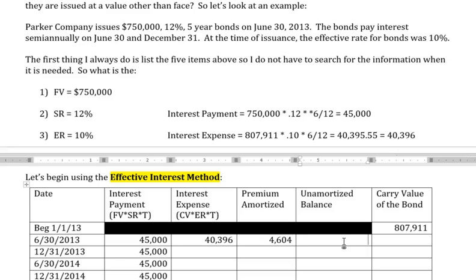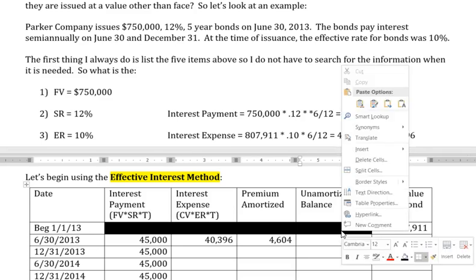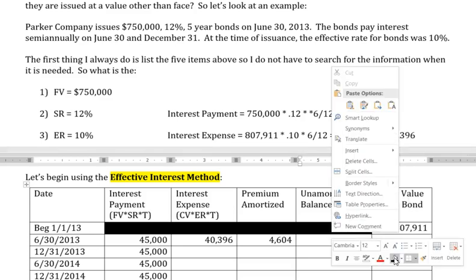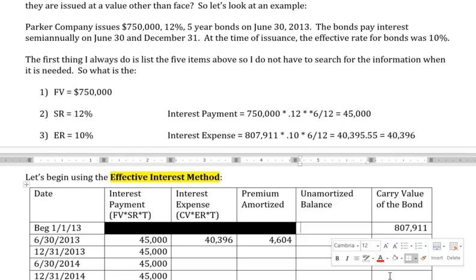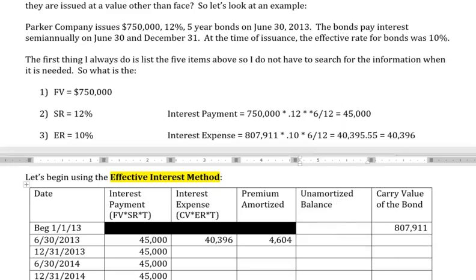Then that brings us to our unamortized balance, or the balance in the premium account. And now, if you want to, you can go ahead and add that back up here. If it helps you, what did our premium start at, or our discount start at? Well, the premium is the difference between the issue price, the 807,911, and the face value, the 750. So our amortization started at 57,911.